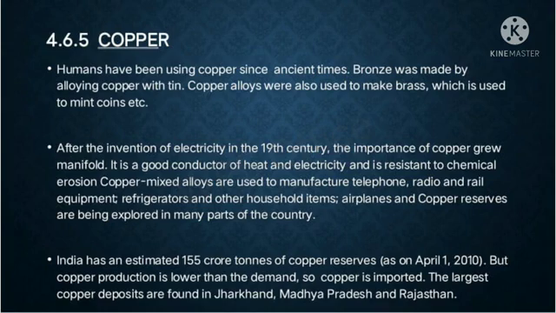Copper reserves are being explored in many parts of the country. India has an estimated 155 crore tons of copper reserves as on April 1st, 2010, but copper production is lower than the demand, so copper is imported. The largest copper deposits are found in Jharkhand, Madhya Pradesh, and Rajasthan.